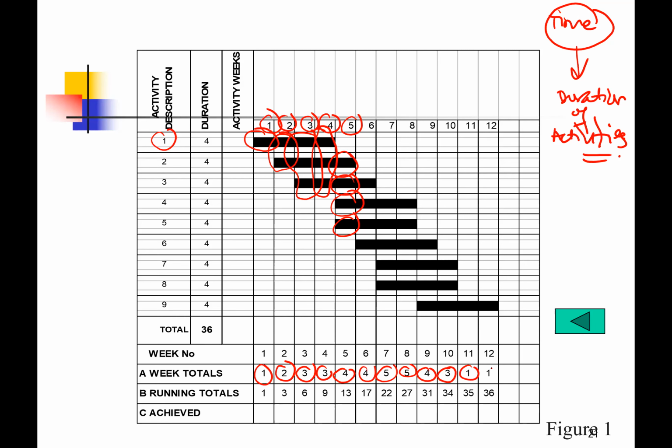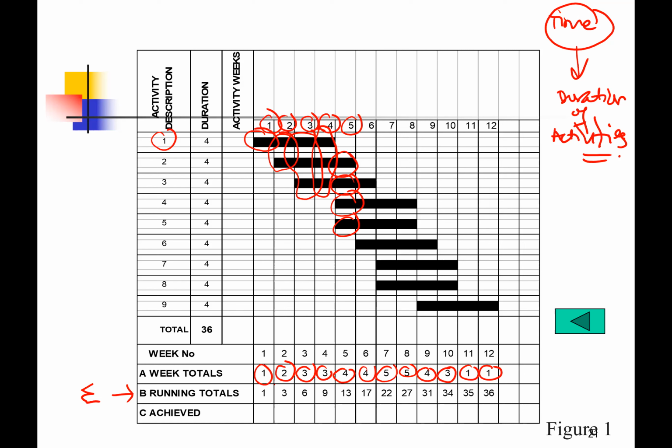This is what we call work effort, or basically time being spent in order to execute the activity. And if you take that cumulatively, this is what we call cumulative duration.